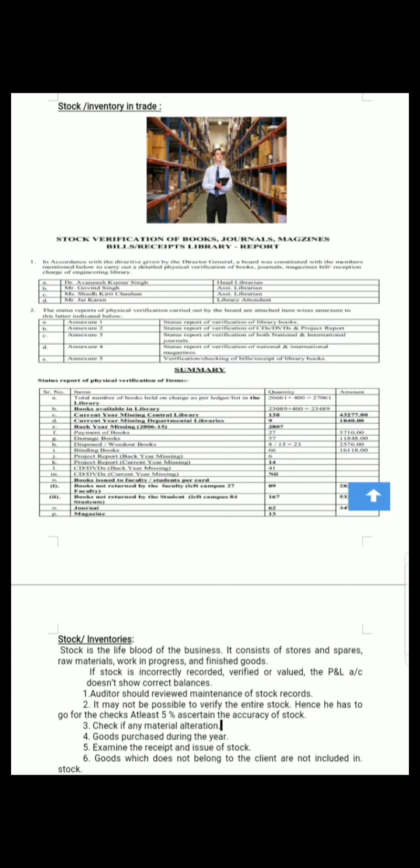This is called the stock or inventory. Everything should be examined by the auditor in detail. Clear? So you can go through the image which I have given over there.